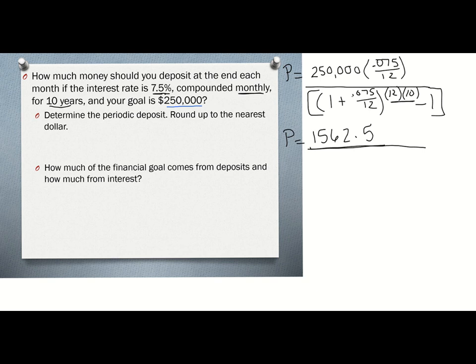And I end up with 2.112064637, and I subtract 1 from that.